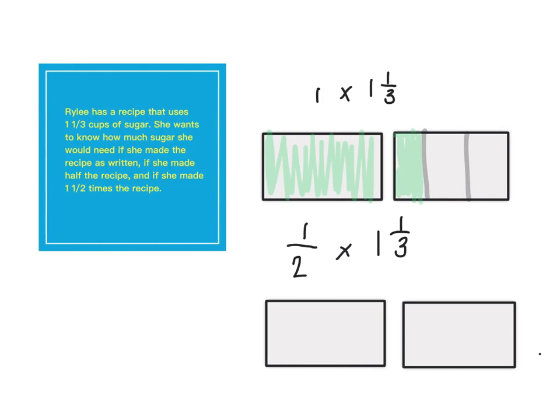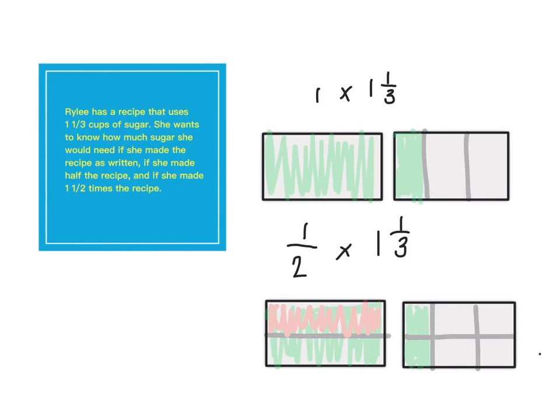Now, if she used, so here's her 1/2, and then we need to divide it. If she was only making half of the recipe, she would only need half of the sugar.